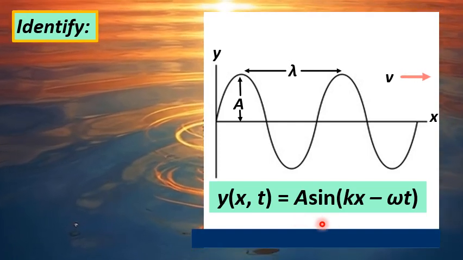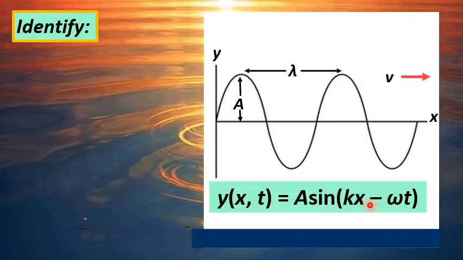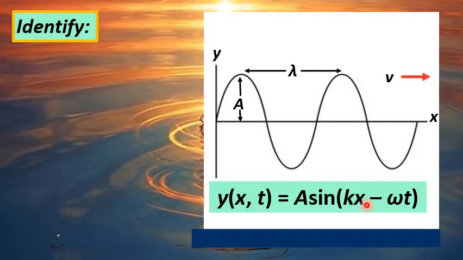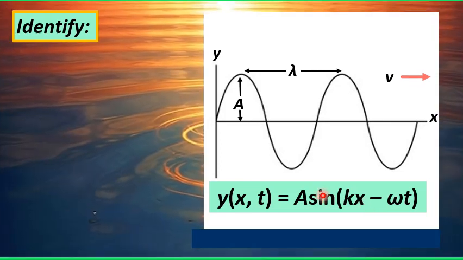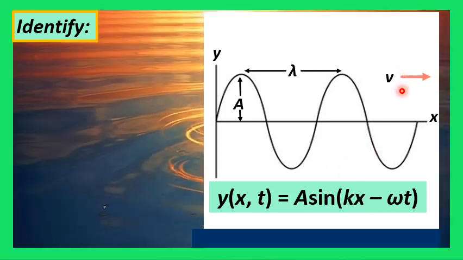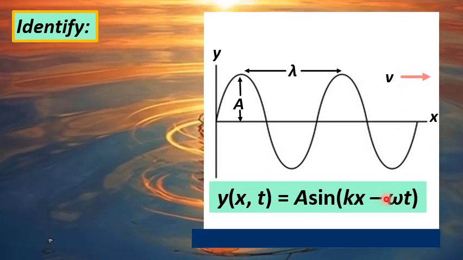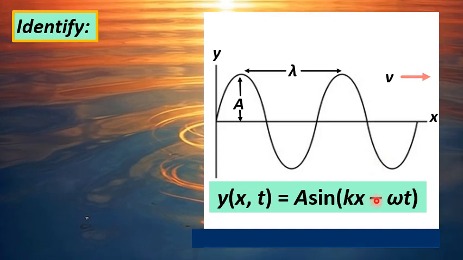The minus sign in this formula signifies a wave that is moving towards the positive x-axis. If the wave is moving towards the negative x-axis, this becomes plus.